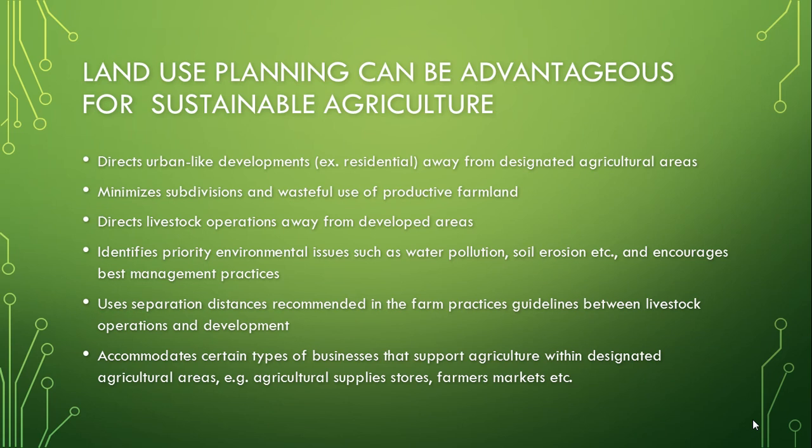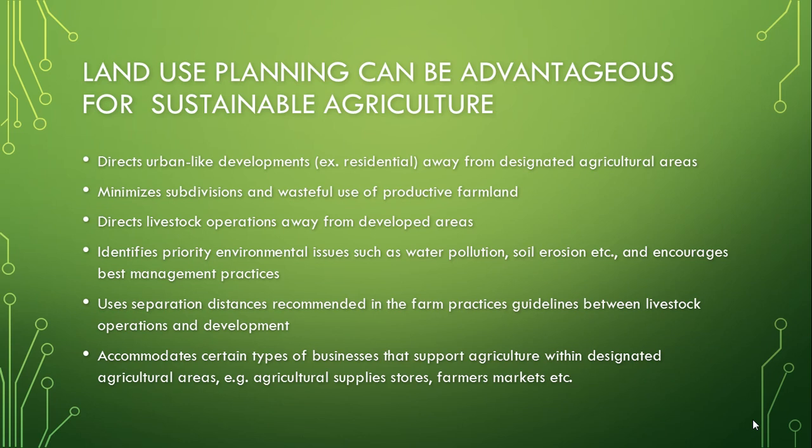As a result, land use planning can minimize subdivisions and wasteful use of productive farmlands. It can direct livestock operations away from developed areas. Where you have unmanaged and unregulated land use management, a lot of agricultural and livestock waste can end up in rivers, etc., affecting communities downstream from these activities.